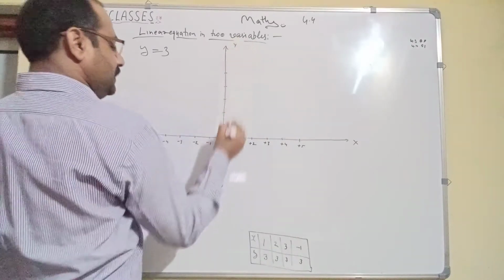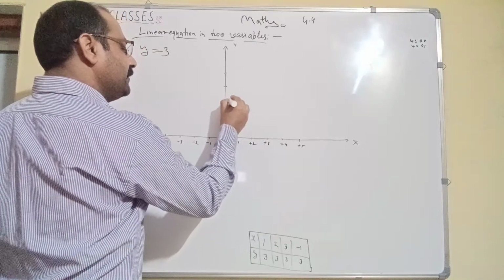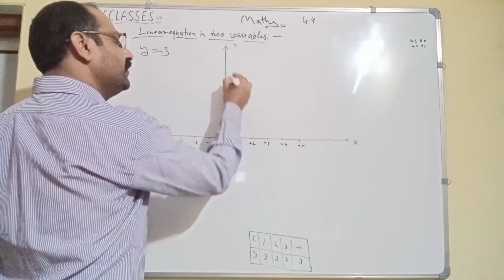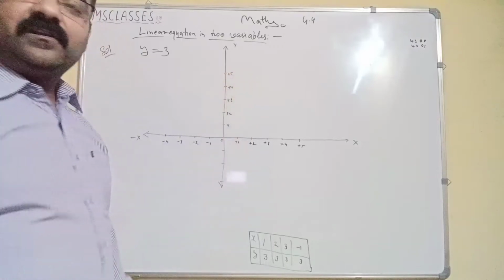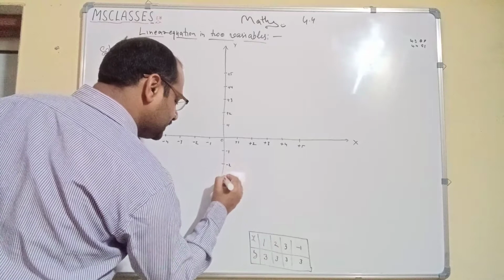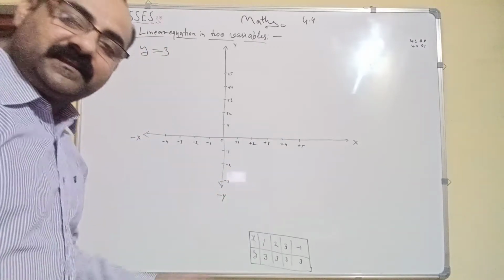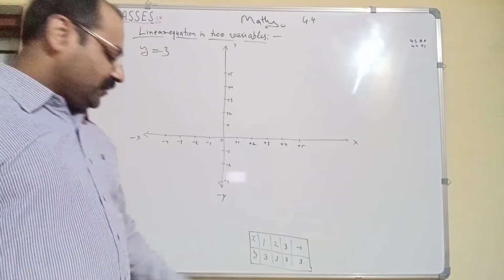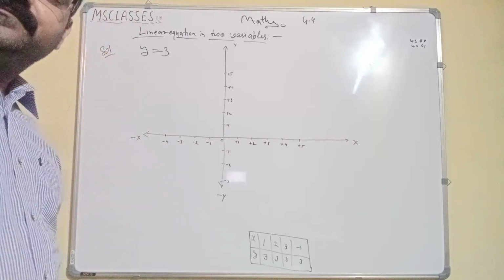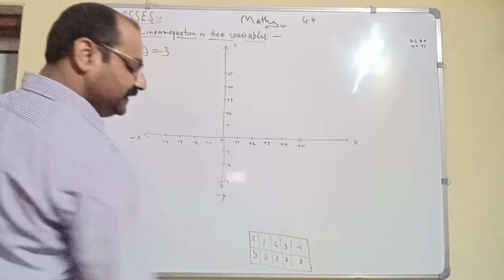Then plus 1, plus 2, plus 3, plus 4, plus 5 on the top side of y, minus 1, minus 2, minus 3 on the down side of y, that is minus y. Now we have to plot the graph by taking coordinates A, B, C and D.